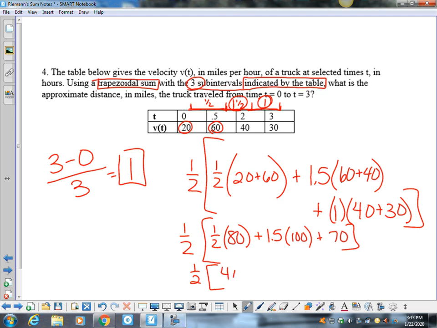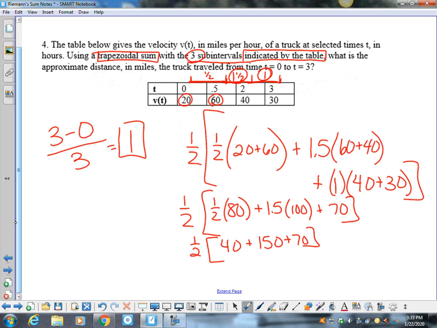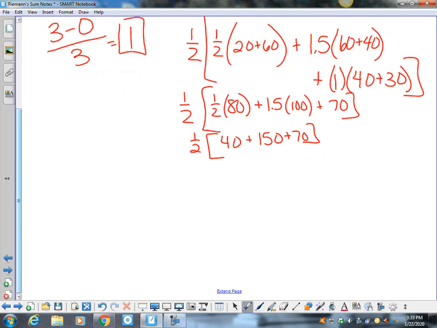Half of 80 is 40. 1.5 of 100 is 150. And then, let's see, 140 and 50 is 190. 190 and 70 is 260. And then half of that would be 130. 130. And this is distance, so 130 miles.